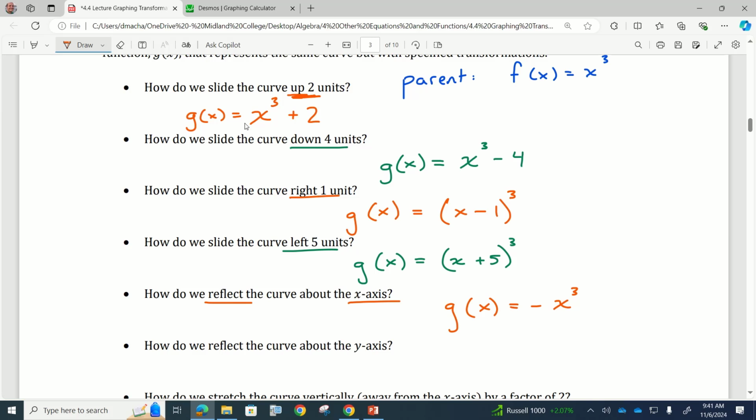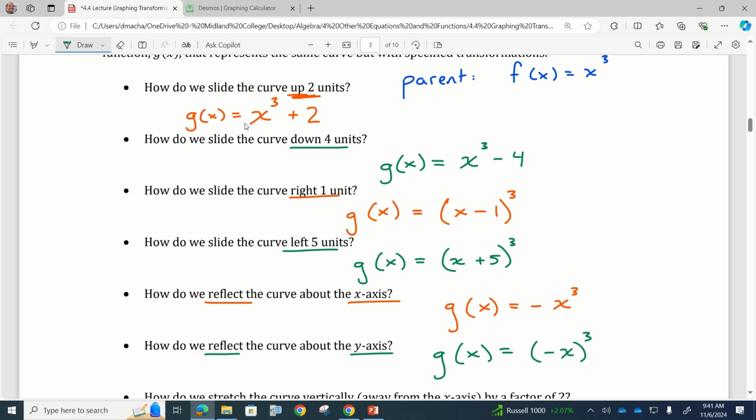What if I want to take the same function as my parent function, but I want to reflect it across the y-axis? In that case, I put the minus sign in the argument.